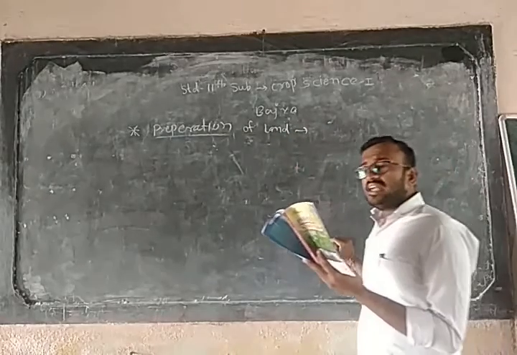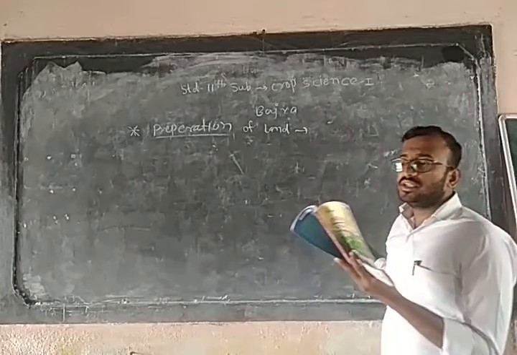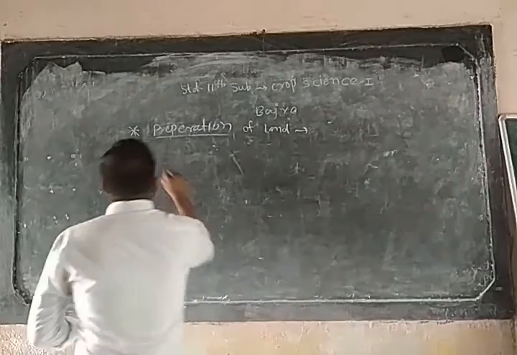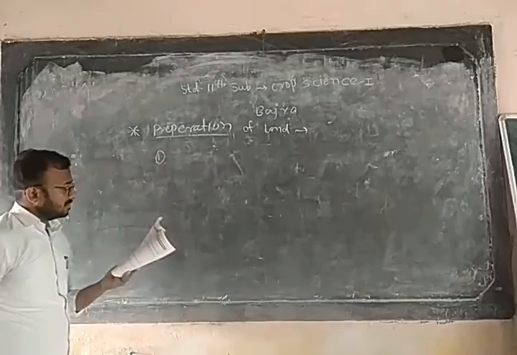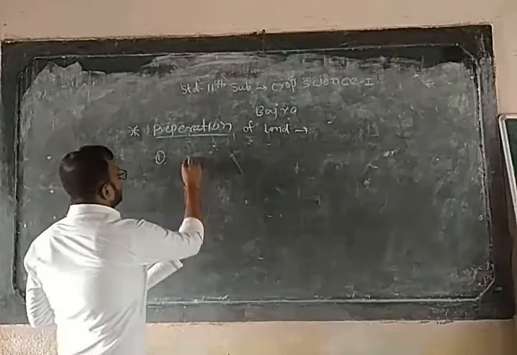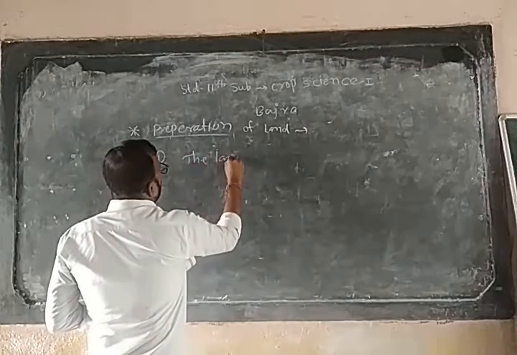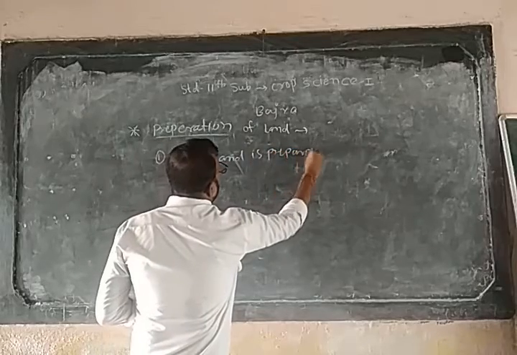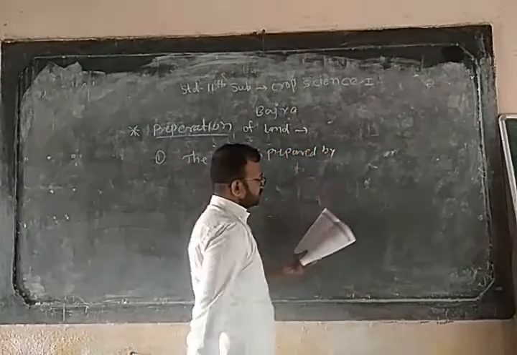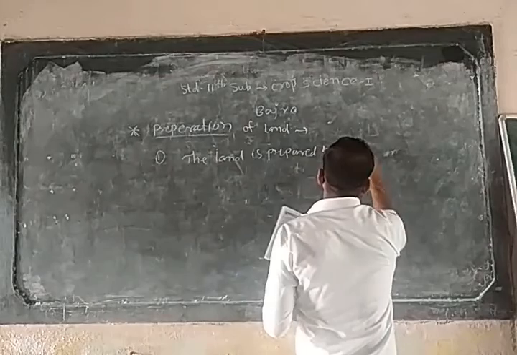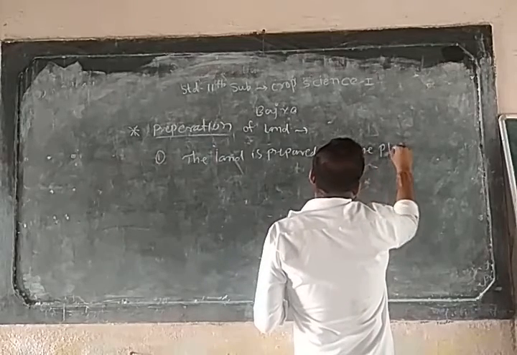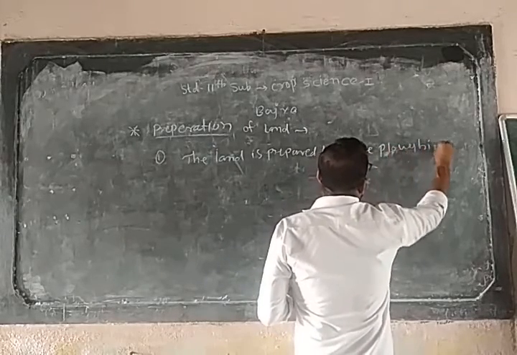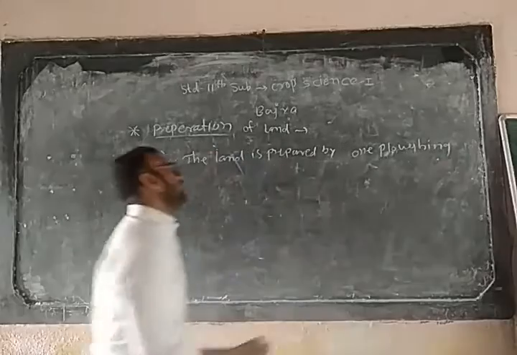In that, the land is prepared by one plowing with an iron plow. What is the first procedure? The land is prepared by one plowing with an iron plow.